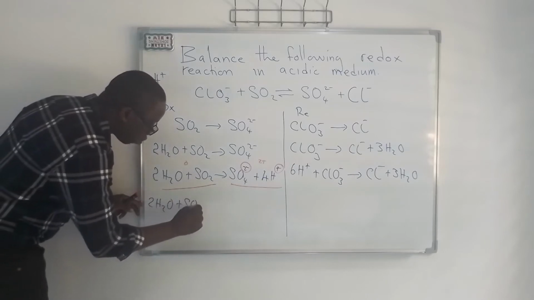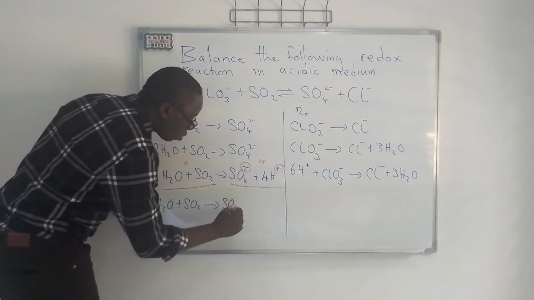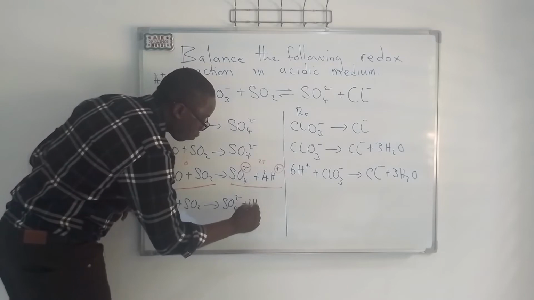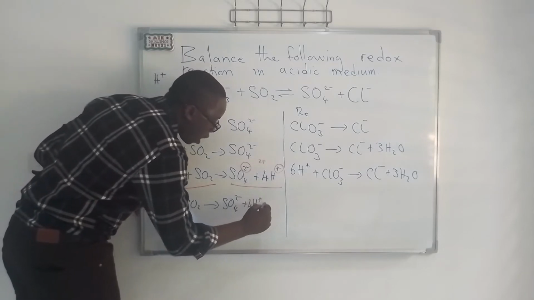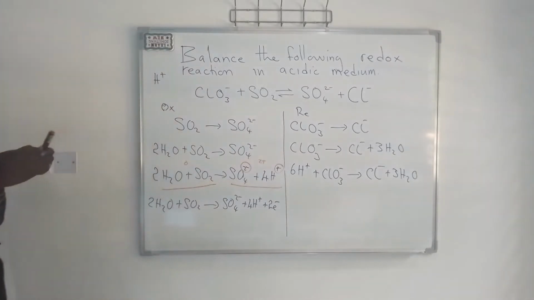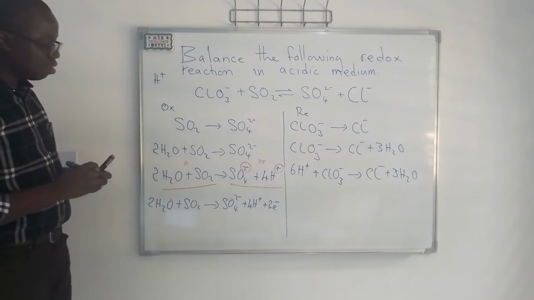When we rewrite the equation, we are saying we now have to introduce 2 electrons so that we balance off the number of ions so that the charge of the product should also be 0.